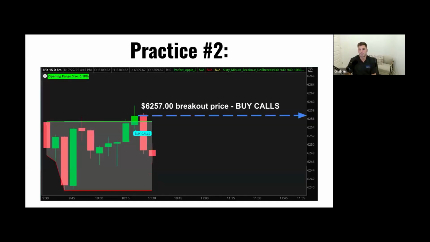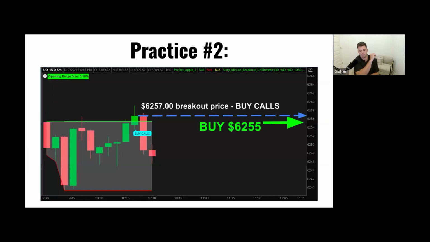For funsies. Ignore these red ones. I couldn't hide it because it was in the way of my beautiful chart here. But at the candle close, the price was 6,257 saying buy calls. So again, we're going to go over here, and this is not a very pretty screenshot. I should have showed it to you in 5s, but we're going to buy the strike just below this number and sell the one just above.